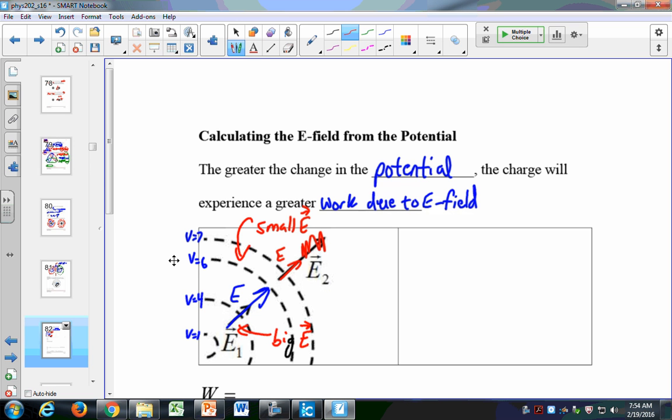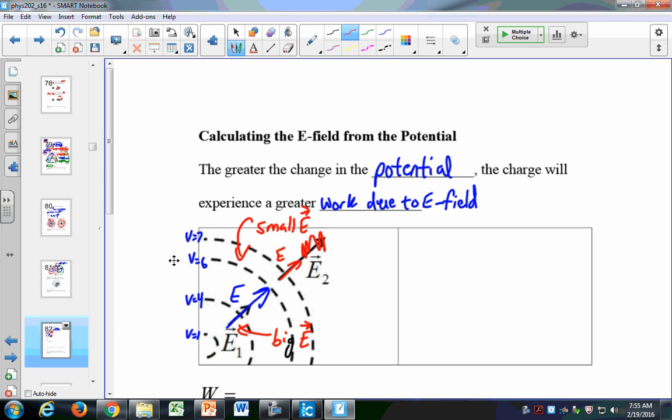When there's a big change in the potential, that means I have a bigger electric field. That should make sense to you, because a big change in potential says that I have a big difference in the amount of energy per unit charge. And that means I must have greater forces acting, and so I must have a greater electric field.